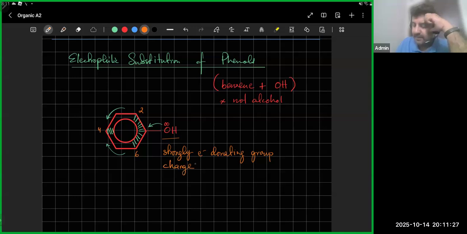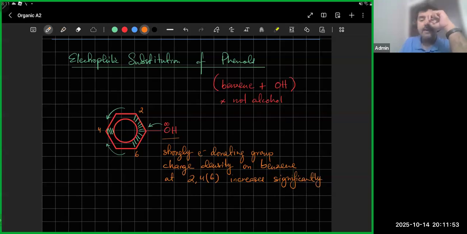Not just slightly, it increases significantly. And specifically on positions 2, 4, and 6, 6 I'm putting in brackets. So charge density on benzene at 2, 4, 6 increases significantly.